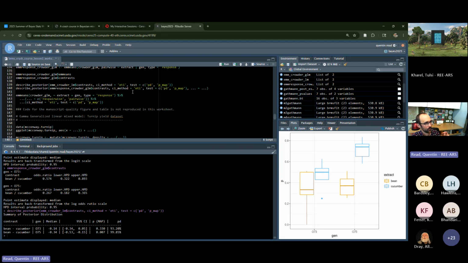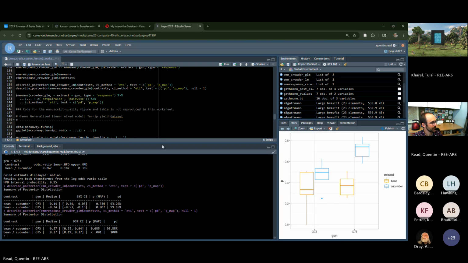But what if we use the generalized linear model? We will use null equals 1 because the null hypothesis for the odds ratio is 1. What do we get? We get actually lower p-values, 0.05 versus 0.3, and we get less than 0.01. And that's because the generalized linear model is more powerful than the linear model, because it is accounting for the multiple trials that we had in each dish, right?